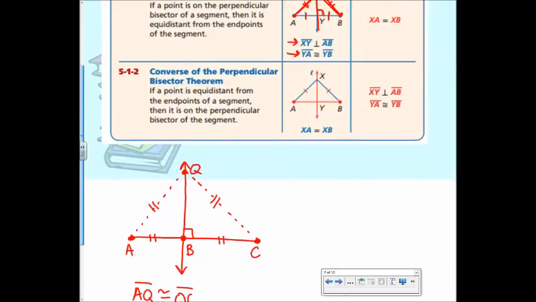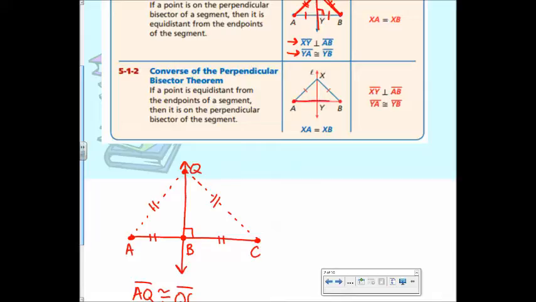The second part of this is the converse of the perpendicular bisector theorem, which, again, converse means just flip it, so you're doing that backwards. You're saying if a point is equidistant from the endpoints of a segment, then it's on the perpendicular bisector of the segment. So I've got my figure here, I've got XY, and I've got segment AB.